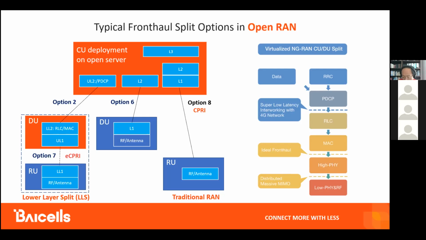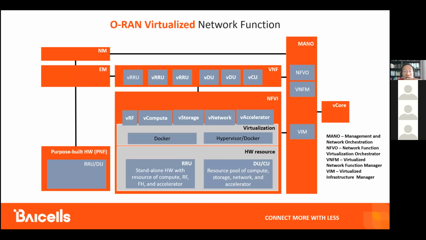Now I'm moving to the next slide. The next slide explains virtualization, which is another tool to build an Open RAN solution. Traditionally, the RAN hardware is purpose-built, meaning that software and hardware are tightly coupled or bundled.